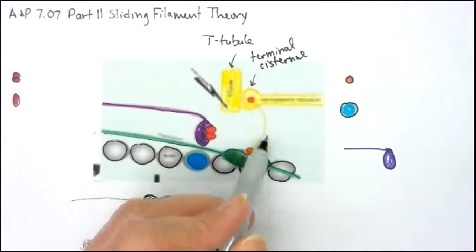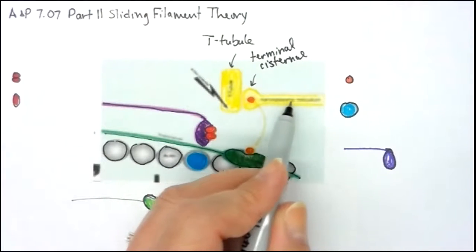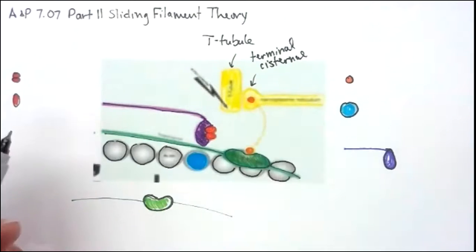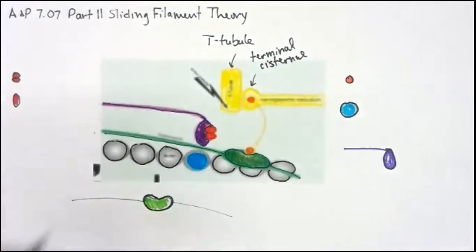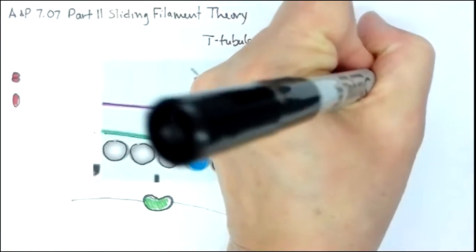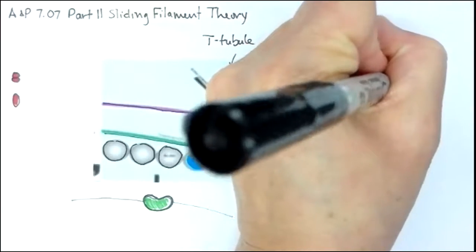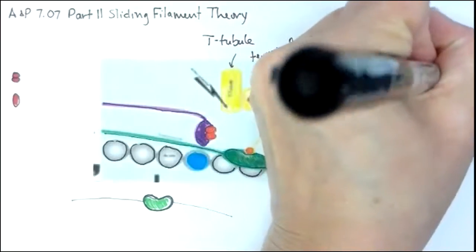Now this shows the calcium leaving from the terminal cisternae, but that actually floods all the way down the sarcoplasmic reticulum, and we get calcium that leaves, and that's what this little orange dot is. This is calcium, or Ca+2.